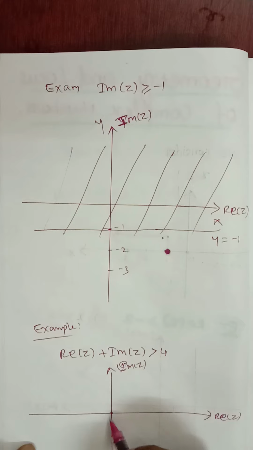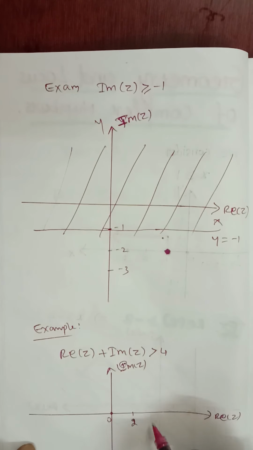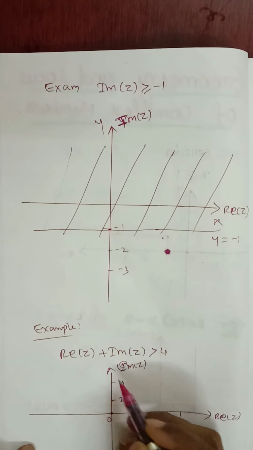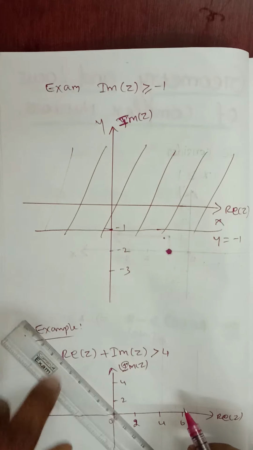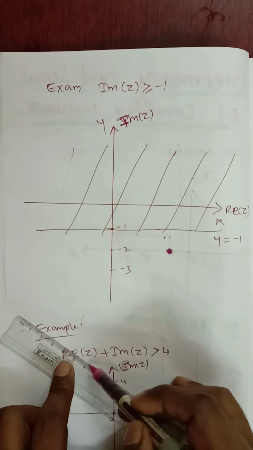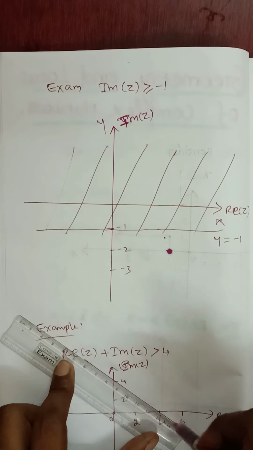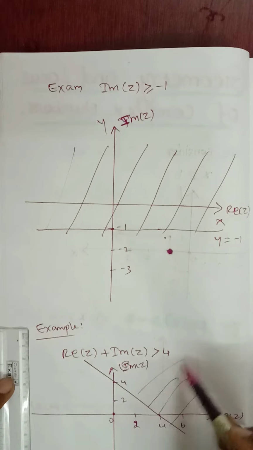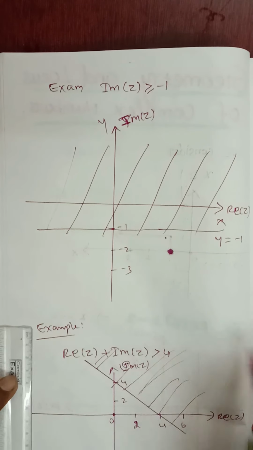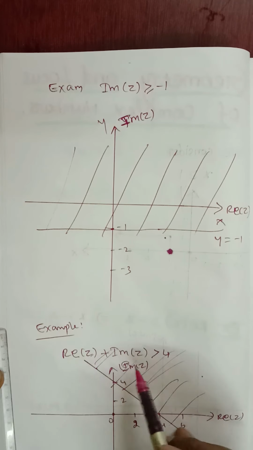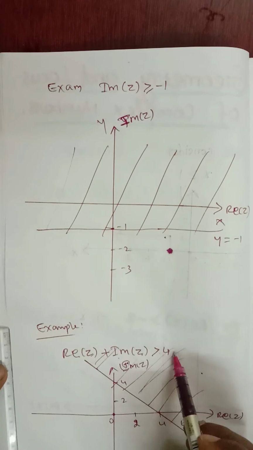This is the point 0. I am going to take 2 units: 2, 4, 6 on each axis. So this is x plus y equal to 4. I am going to draw the line. Greater than 4 means what? This side fully. This is the locus of real of z plus imaginary of z greater than 4.